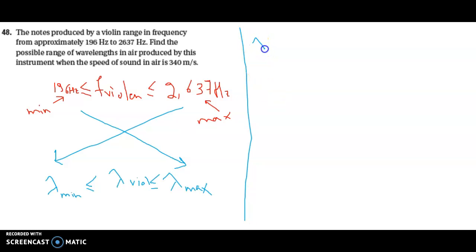Because v equals lambda times F, then lambda equals v over F. Lambda minimum is equal to v, which is given in air because we are studying the propagation of sound in air, over F max. And on the other hand, lambda max is equal to v in the air over F minimum.